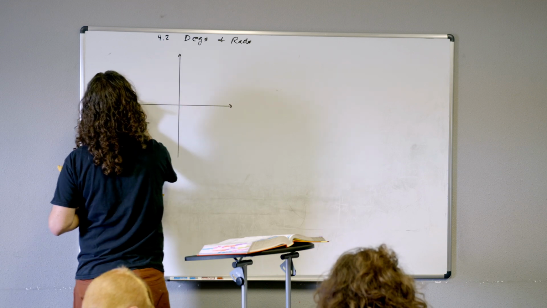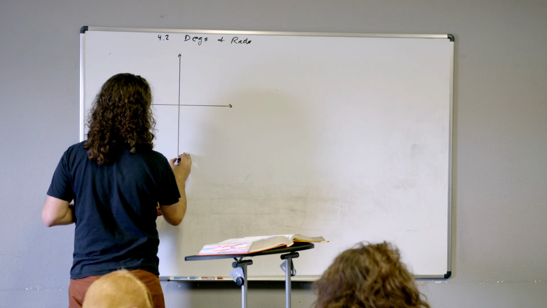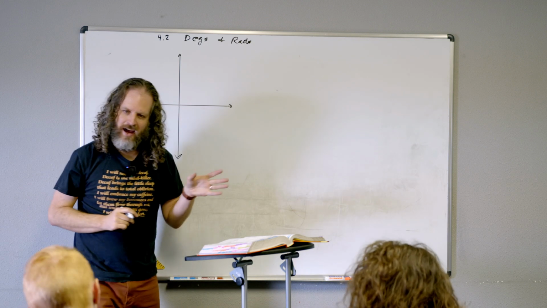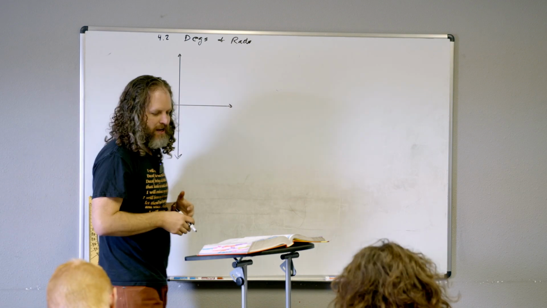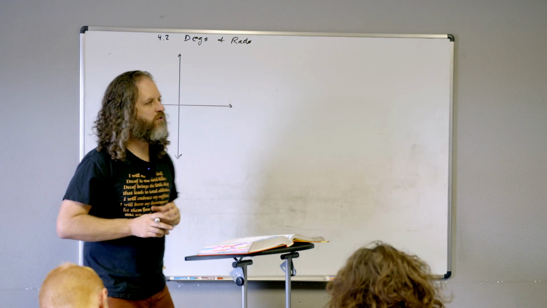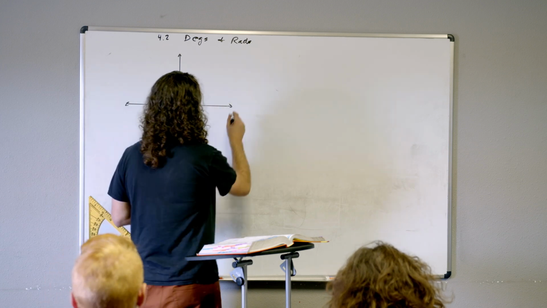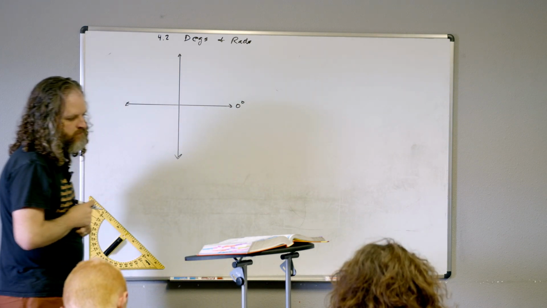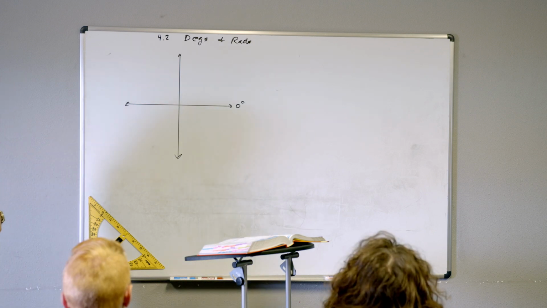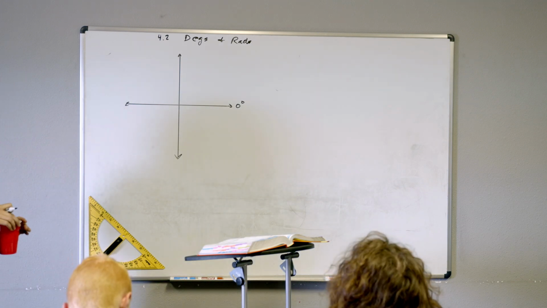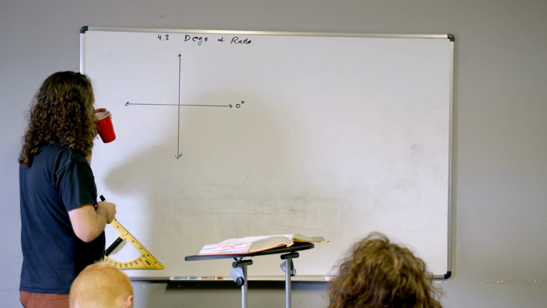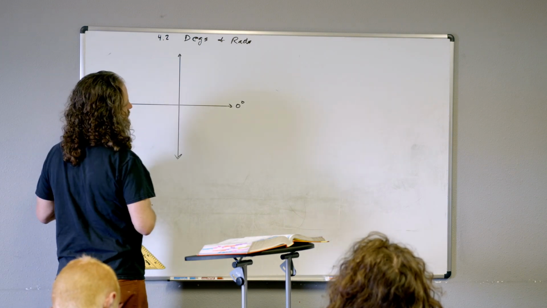We start with our old standbys. The positive x-axis is the beginning of our circle. This is 0 degrees, when angles are in standard position, which is how we usually want them. If they're not, we put them there later. So this is how many degrees?